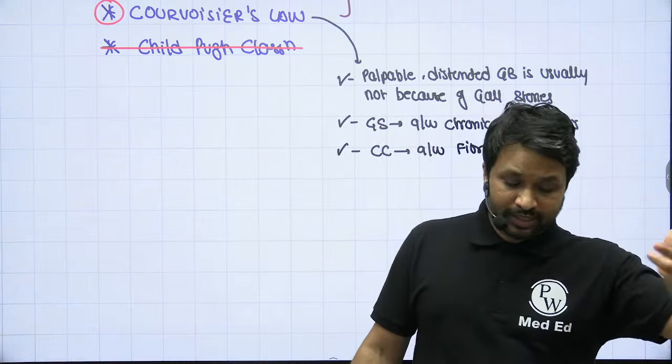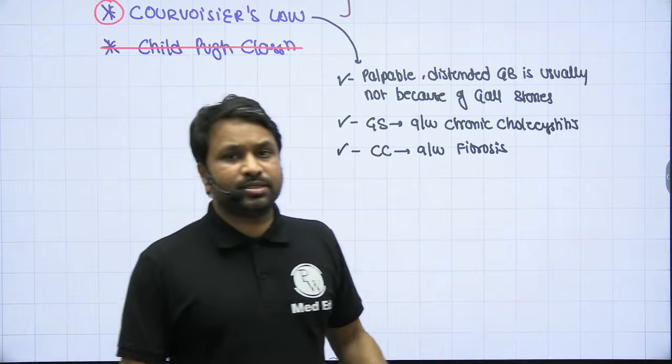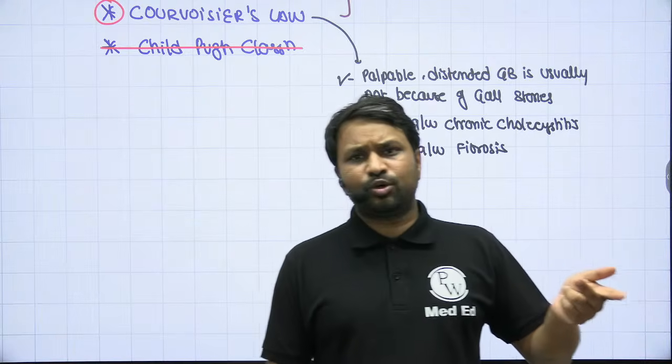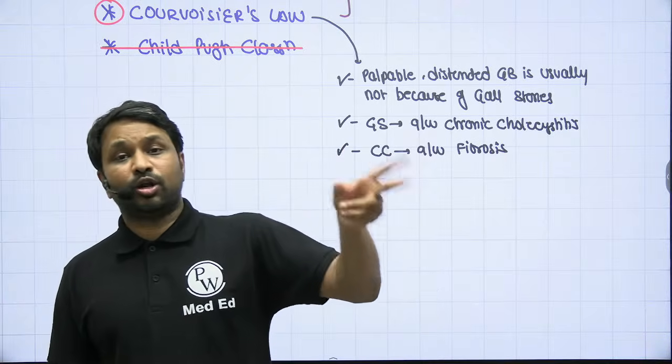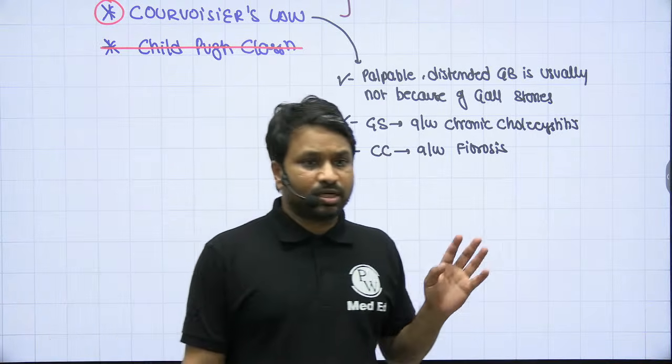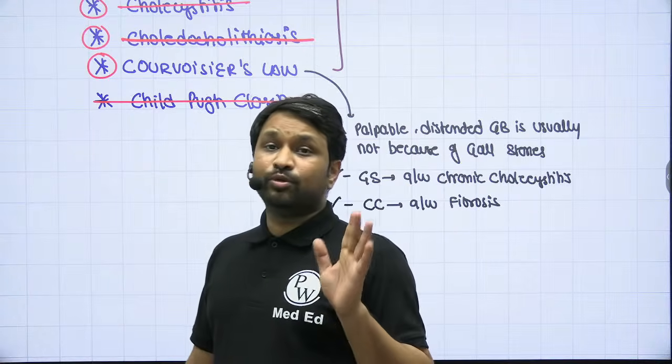Then you have to think in the context of periampullary carcinoma, distal CBD malignancies. There's one exception to the rule: when you have a sudden impacted CBD stone or double CBD stones, that can result in Courvoisier's sign. One more exception is mucocele of the gallbladder.